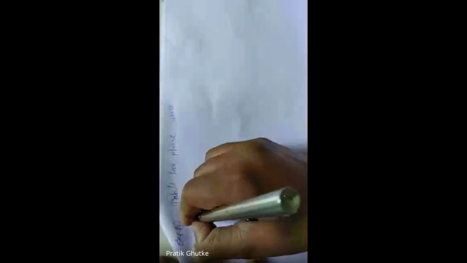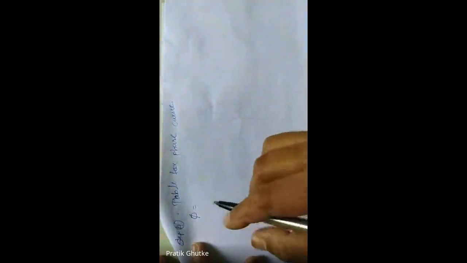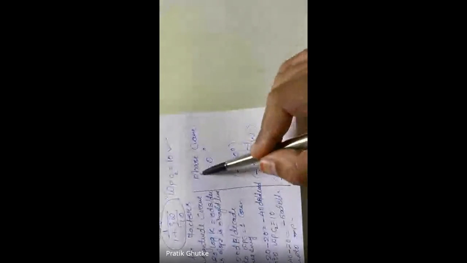For this, I will be calculating the total phi. Phi is the total angle. So see in that previous table, 0 degree was there in the phase curve. All these angles I have to add here in the case of phi. This is total phi. So 0 degree is negligible.